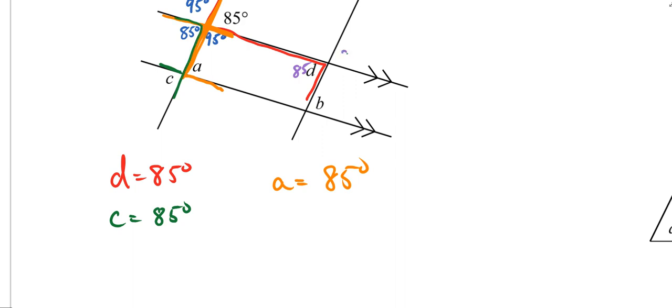And then when I go across, I can say this one's 85, and now I start to have more, and I already know this is going to be 95, and this is going to be 95. Now I have lots of measurements, and what can I make? Jamarly, what do you think? I can make an F with that top 85, or I can make a Z with D. And I'm going to find that B is equal to 85.